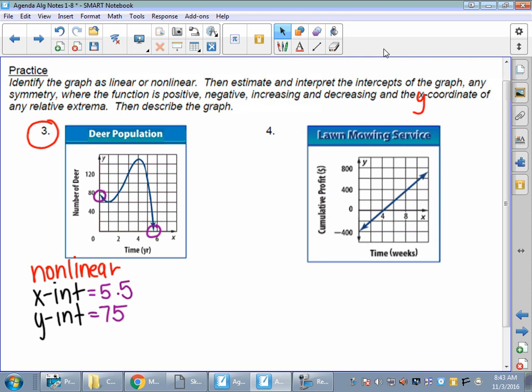What do those intercepts mean? The y-intercept, that's 75. Notice the graph title, the graph is deer population. The x-axis is time in years, and the number of deer is the y-axis label. So the y-intercept, if it's 75, tells me, remember I used the word starts at, so the deer population starts at 75 deer.